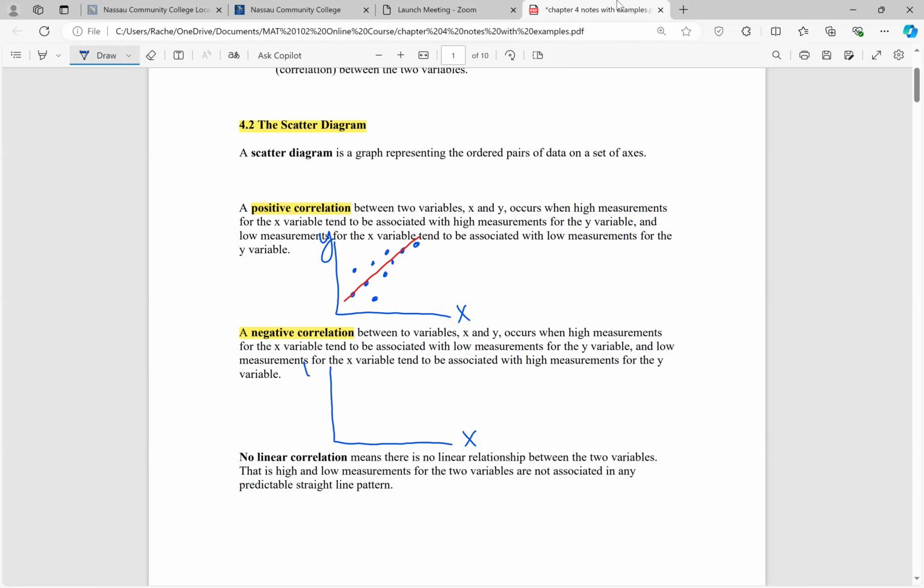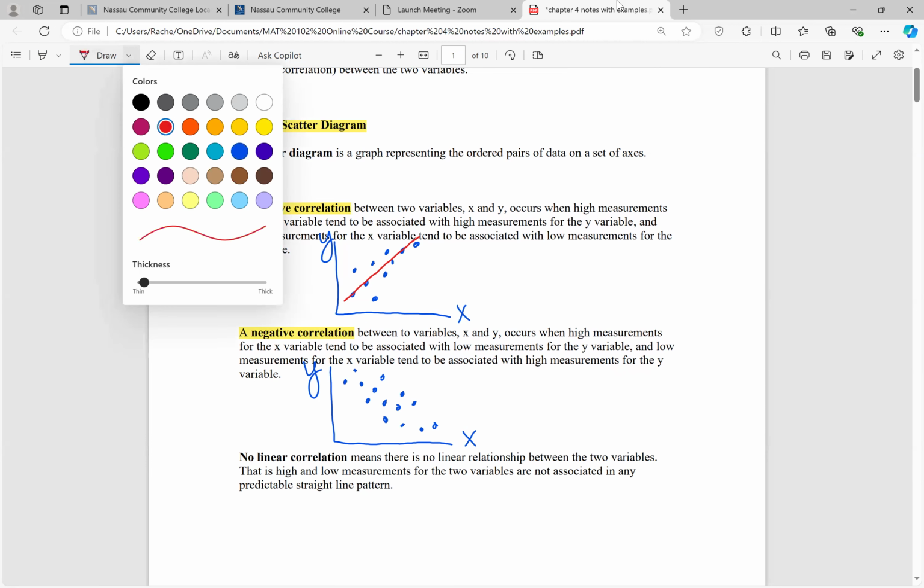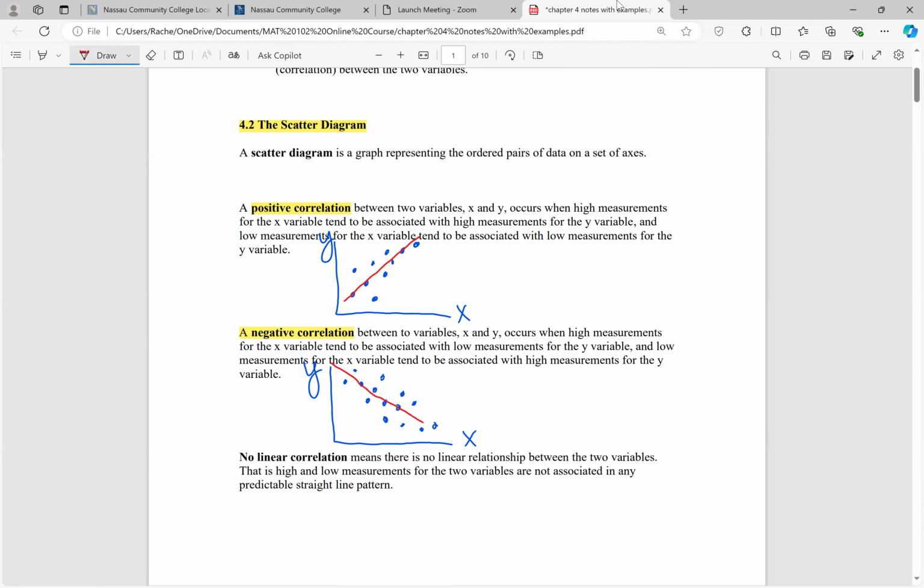So if I have my x and my y axes, let's suppose my scatter plot looks something like this. I definitely see a pattern here, right? These points don't form a perfectly straight line, but you can imagine fitting a line through this data set, right? You can imagine fitting a line through those ordered pairs or as close to as many of them as we can get.